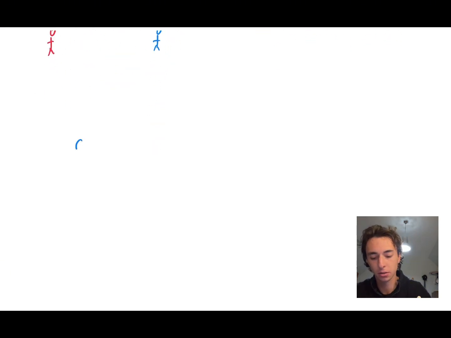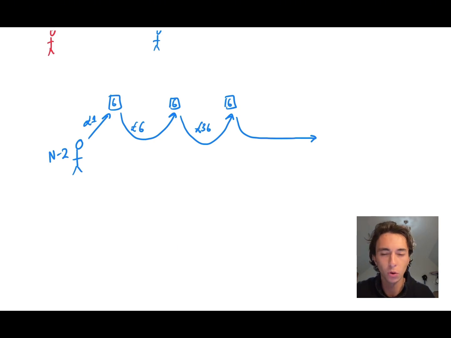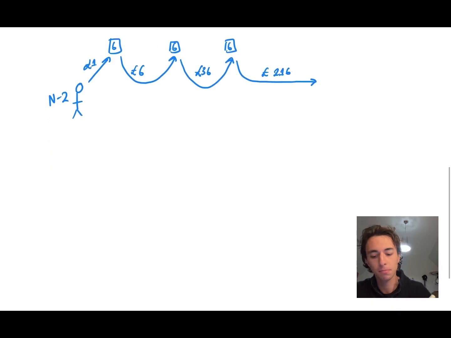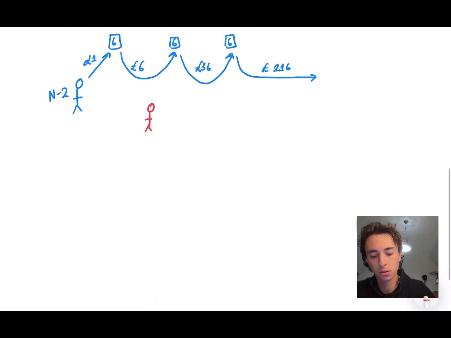We have player n minus 2, bets £1, gets £6, gets £36, and walks away with 6, 6, and 6, so £216. Then player n minus 1 enters here with £1.